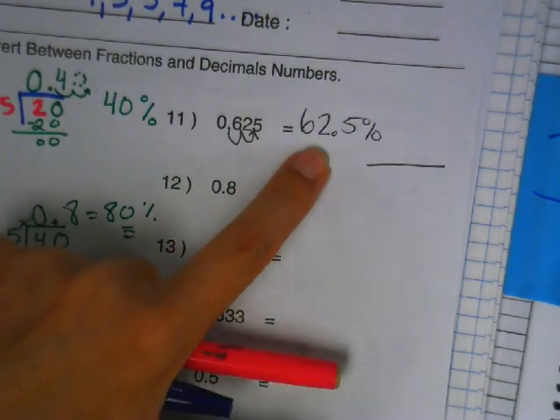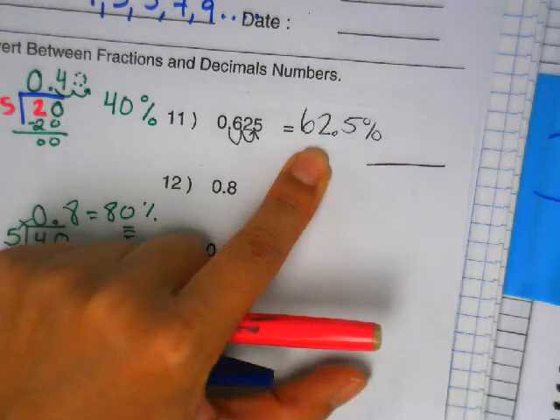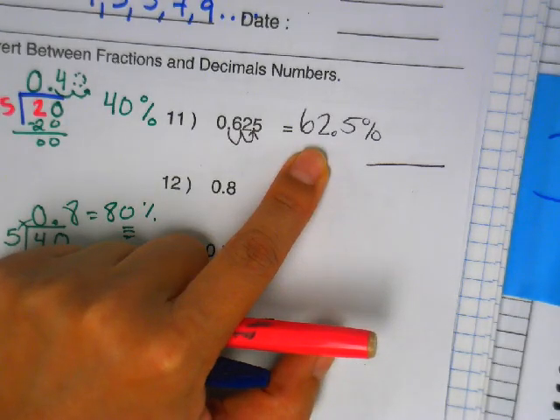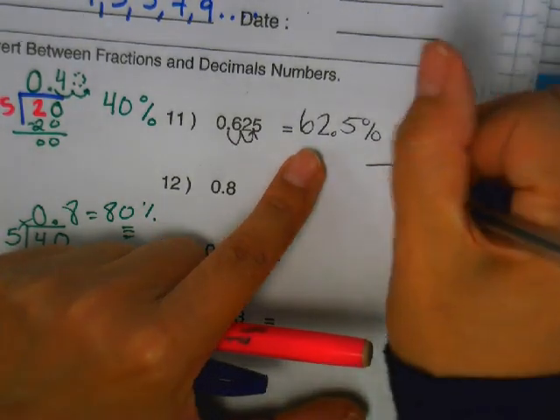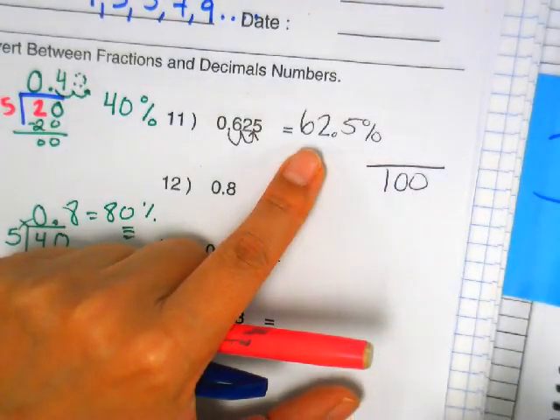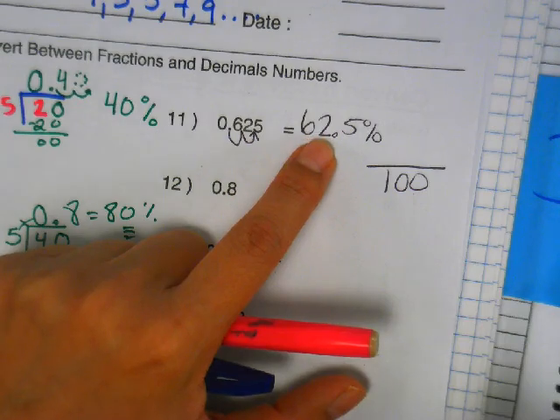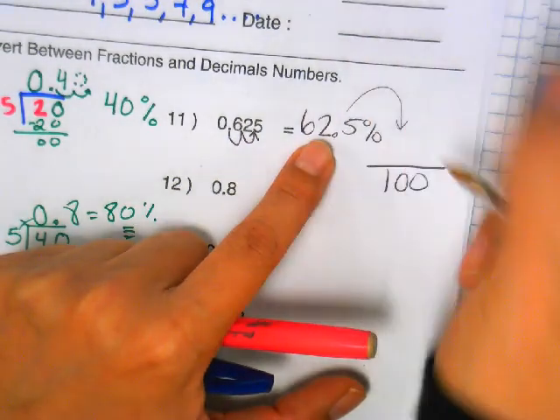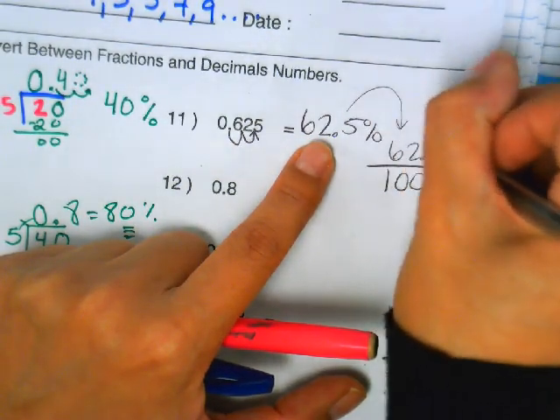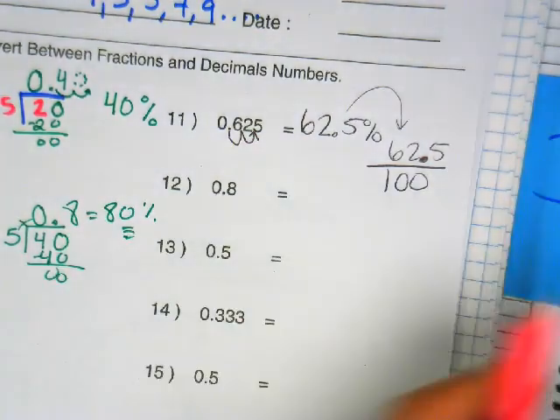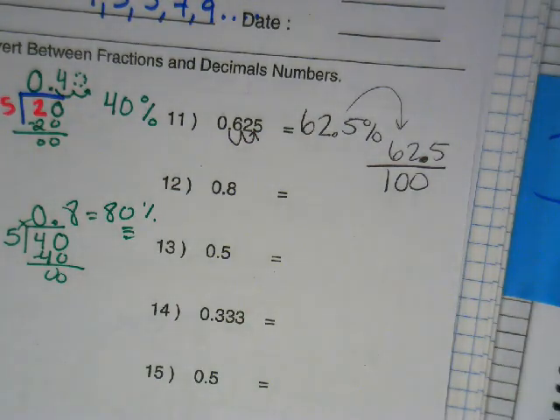So here's my percent. How do I write that as a fraction? 100 at the bottom. And then this number, just the way it looks, you're going to write it in there. Because percents are out of 100.